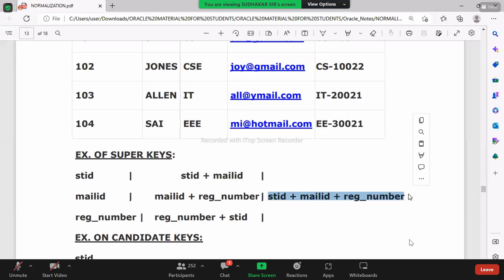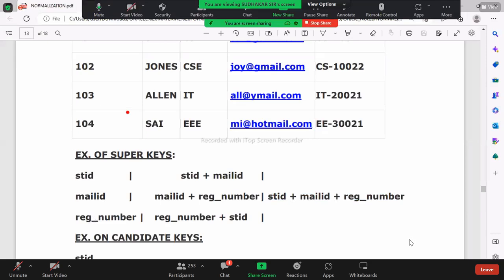Got my point now? So what do you understand here, guys? Simple point, remember: any two super key columns will become a super key. Yes or no? Every individual column is called a super key.